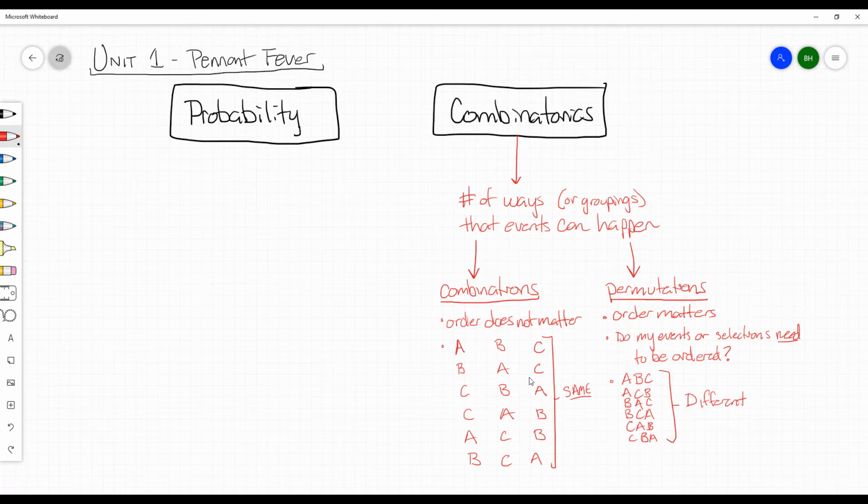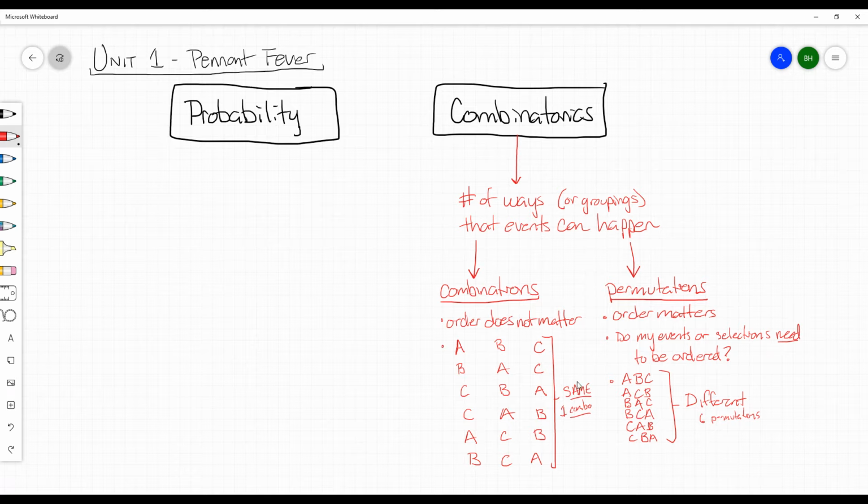Here we just have the same three letters, and they're just grouped a little bit differently, but they're all the same thing to us. So this is all one combination, and this would be known as 6 permutations. This has more order to it because we want things to be in a specific order, and these don't.